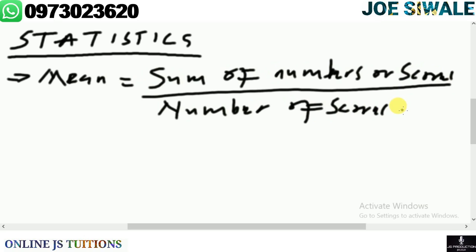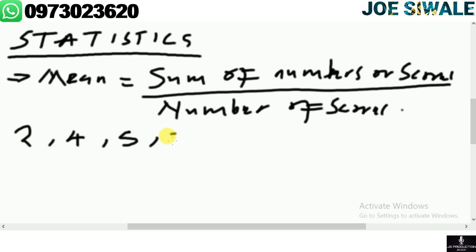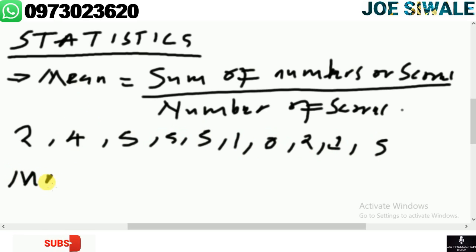So for example, if you have been given 2, 4, 5, 5, 5, 1, 0, 2, 1, 5, and you have been told to calculate the mean. So we're going to say mean is equal to the sum of the numbers or scores divided by the number of scores.